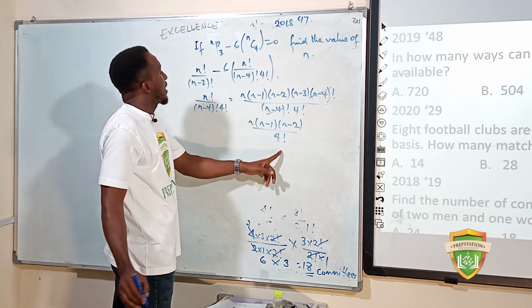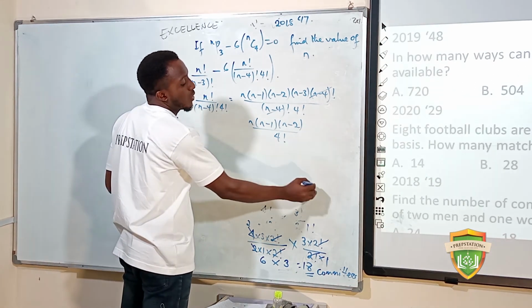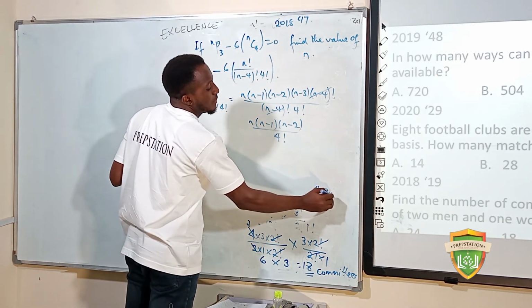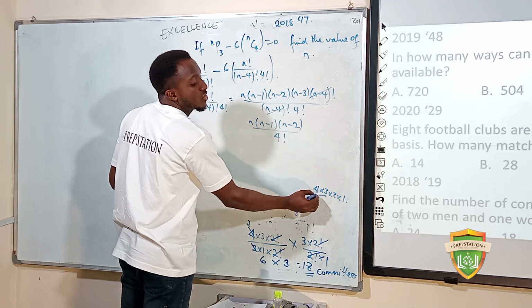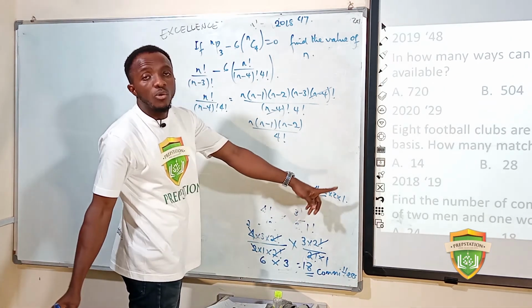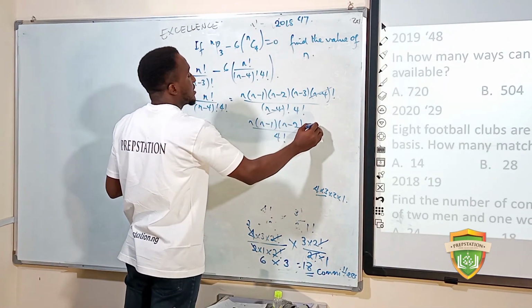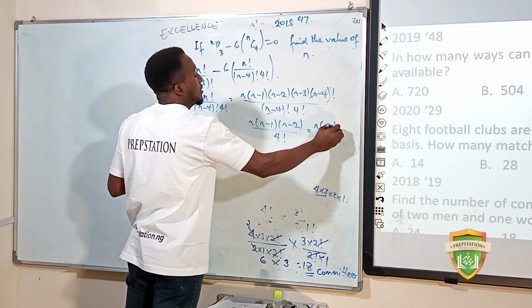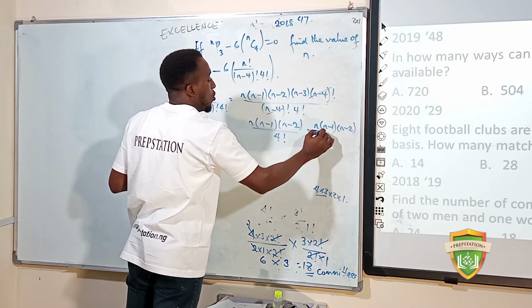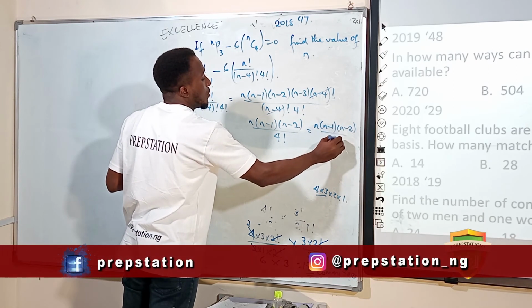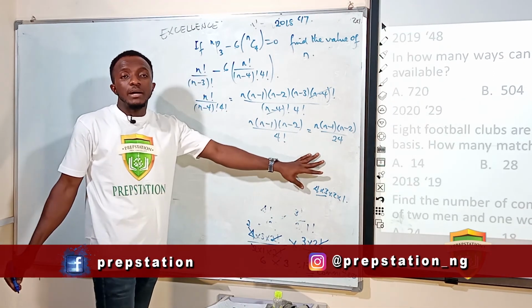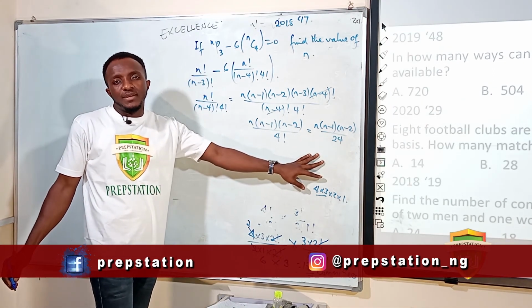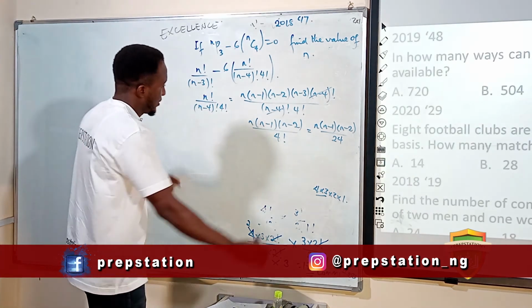Now let's quickly go. We can do 4 factorial. 4 factorial is 4 times 3 times 2 times 1. 4 times 3 is 12 times 2 is 24 times 1 is 24. So this is n minus 1, n minus 2 over 24. When you see a question like this in JAMB, let it be your last question. I beg you. All right, so that's what we have.